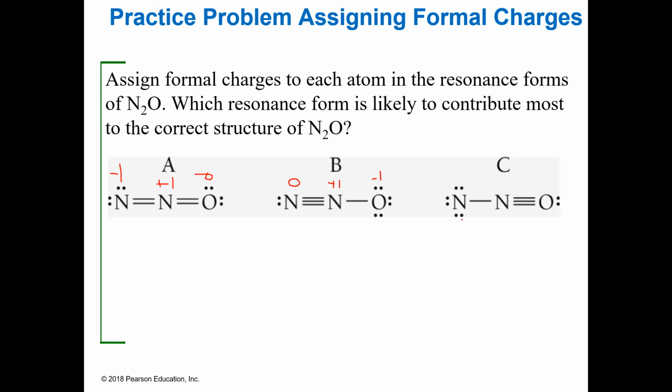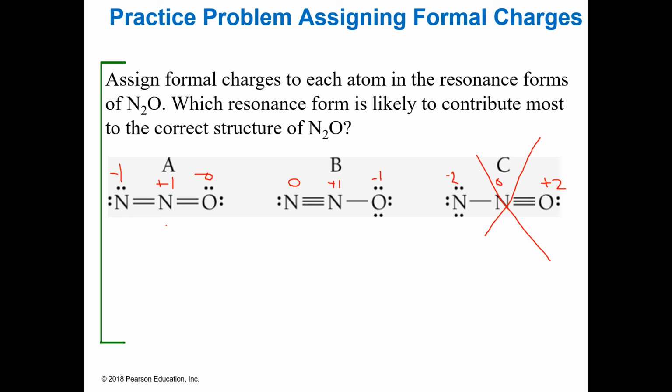All right. Here I have 5 minus 6 plus 1, which is 7. So this is going to be a -2. This one will be 0. And this one will be a +2. Okay. So automatically this one has the highest formal charge. That's not going to be our biggest contributor.